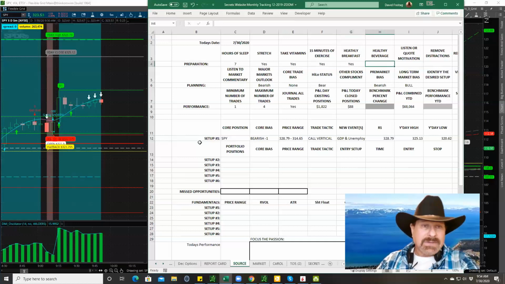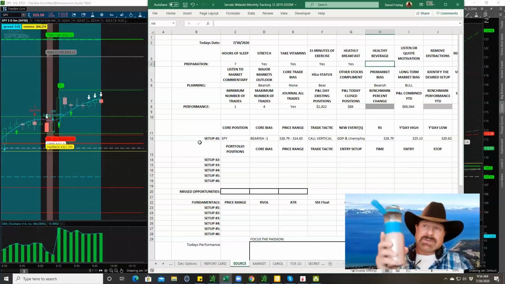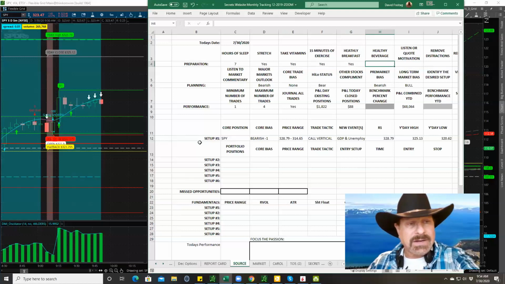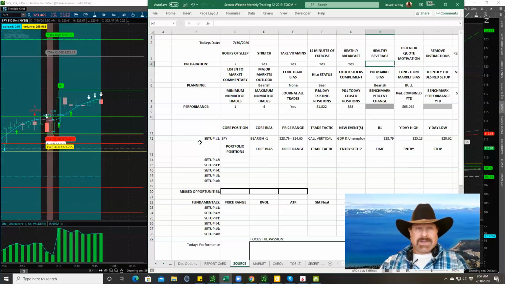Do I have a healthy beverage? Well, of course I do. This is my protein drink. I make this the night before, put it in the refrigerator. It's all ready to go. And I have that sitting there at my workstation so I can have the balance on my protein based on my body weight and all that good stuff.